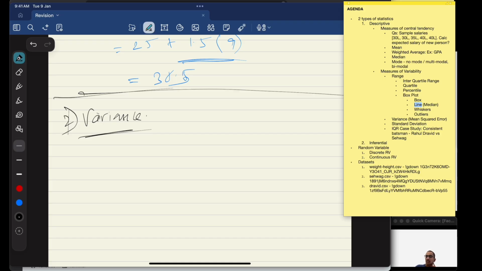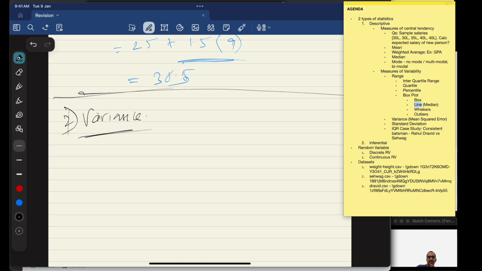For variance, we will get the units in squared units, and for standard deviation we'll get the normal units that the data set already has. So if the units are centimeters, then the variance will be in centimeter square, and the standard deviation will be back to centimeters.